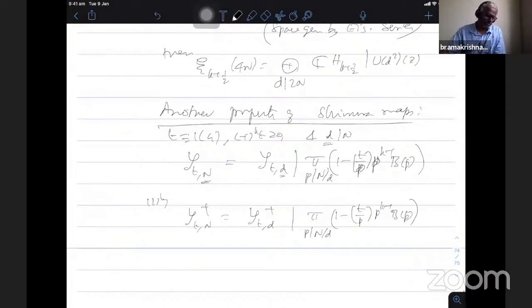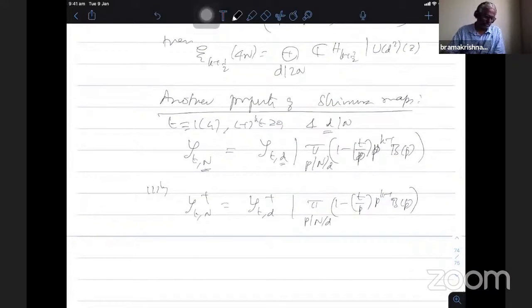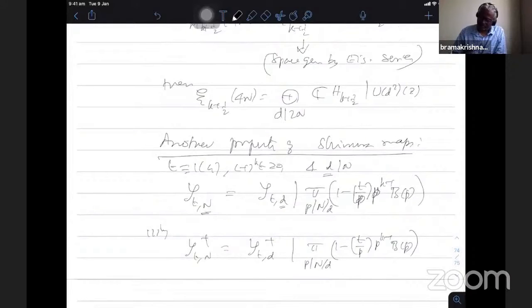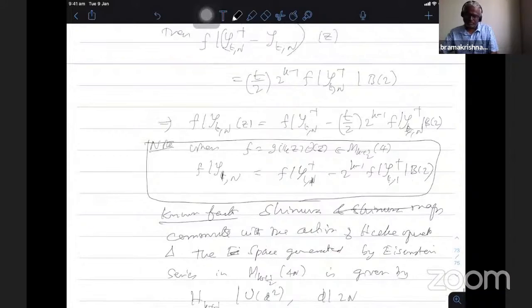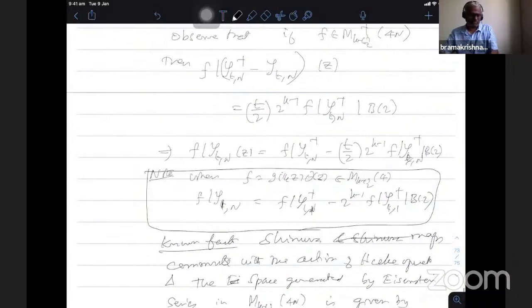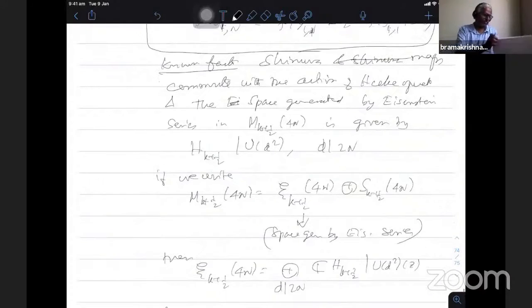So using the above decomposition and the above property, we see that because of this relation, S_{t,n}^plus is S_{t,d}^plus on duplication, therefore I can just apply it on this Eisenstein series, and I know that S_t^plus is mapping H_{k+1/2}^plus to E_2k. Also one has to use this property, the relation between the plus and n, then you get a duplication. So let's see whether I have done it, or otherwise you can just follow it as it is.